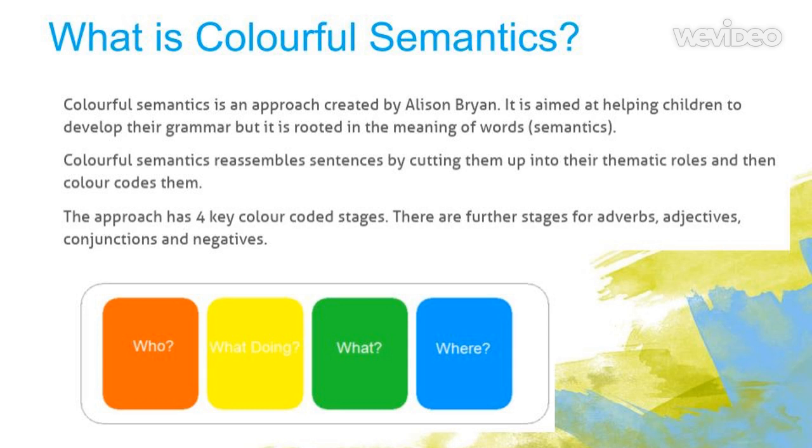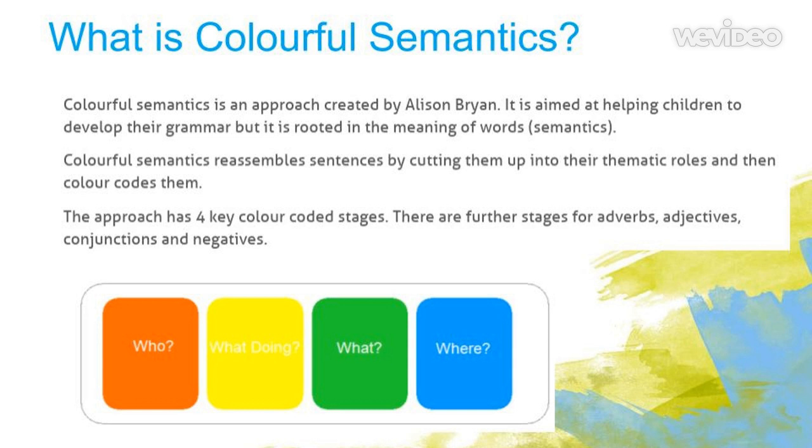If those little joining words, the conjunctions, were difficult to pronounce, colourful semantics still let them show that they understood these joining words, even when the pronunciation of them between words was poor.